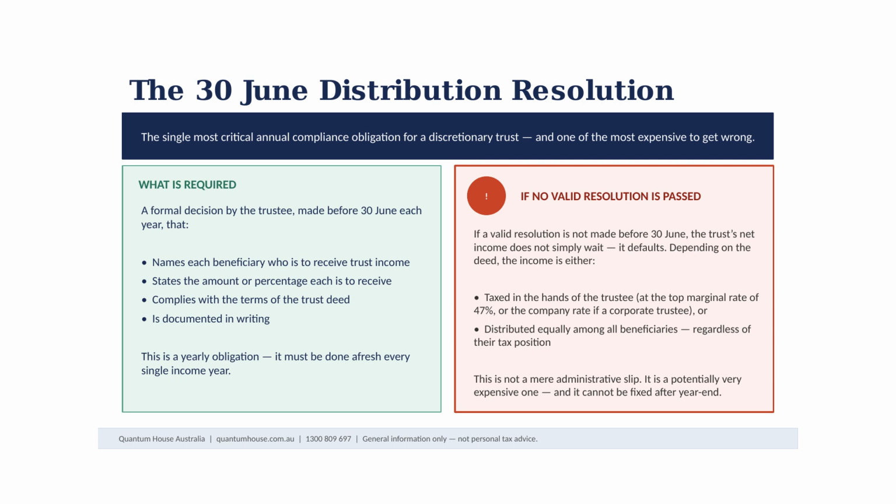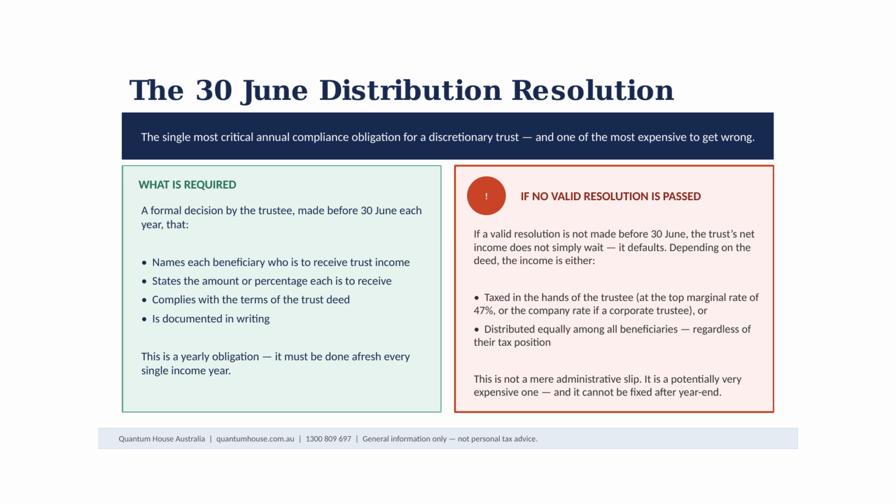Now the consequences. If a valid resolution is not made before 30 June, the trust's net income does not wait for a later decision. It defaults. Depending on the deed, that income is either taxed in the hands of the trustee, potentially at the top marginal rate of 47%, or it is distributed equally among all beneficiaries, regardless of their tax position.